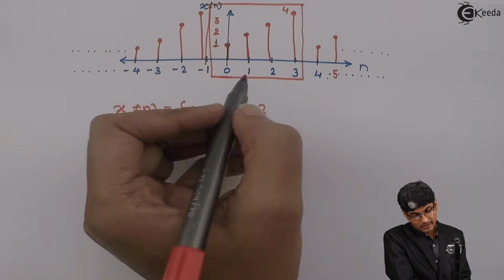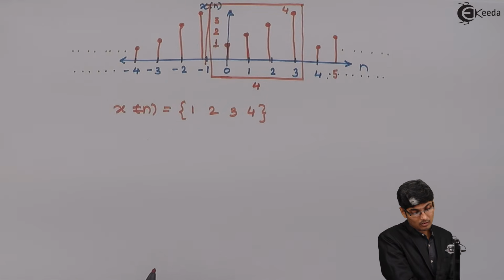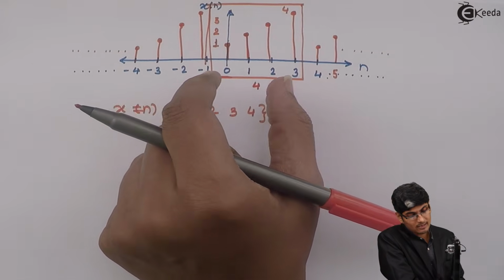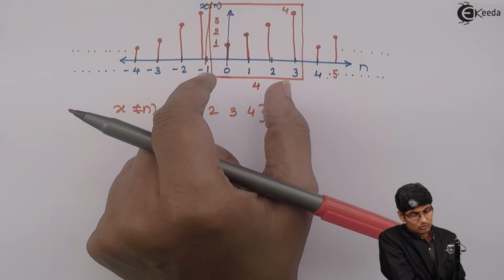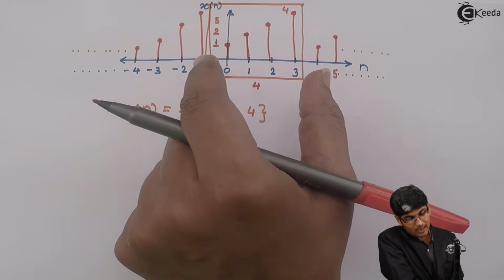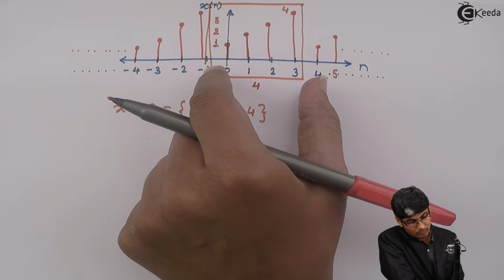So the period of the signal is 4. When I say a periodic signal, we will only see the signal through a window, and that window has to be specified. That window could be from 0 to 3.